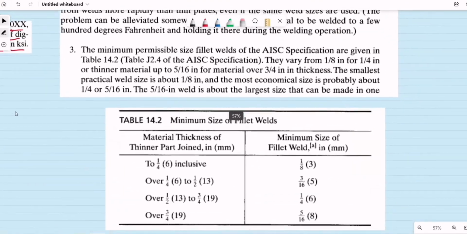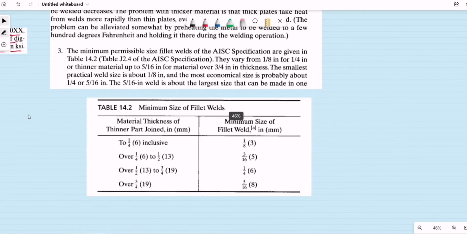Then we have number 3. The minimum permissible size of fillet welds, as of the AISC specifications, is given in Table 14.2. They vary from 1/8 of an inch for 1/4 inch or thinner material up to 5/16 inch for material over 3/4 inch in thickness.